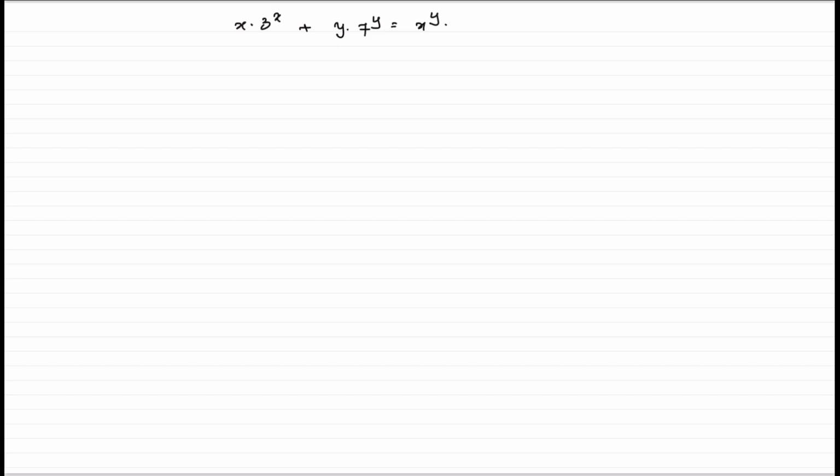Now, in the previous lecture, we have seen the solution for this. When x is equal to 0, y is not defined.